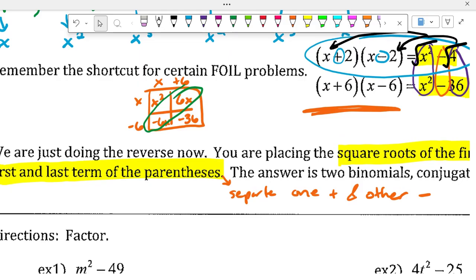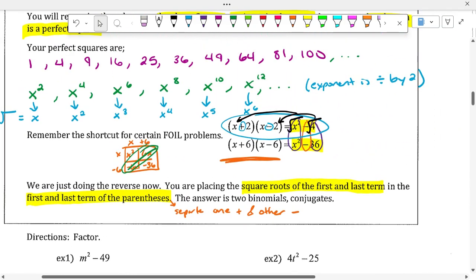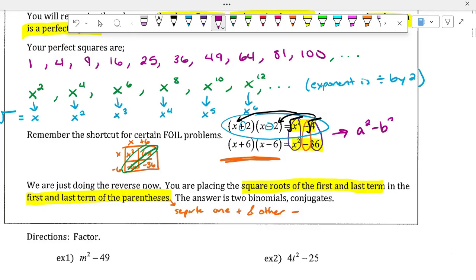They cancel out. And that's what should happen. That's why we alternate the signs. We want those x values to cancel out. So the general formula for difference of two squares is that if you're given a squared minus b squared, you will factor it as a plus b, a minus b.